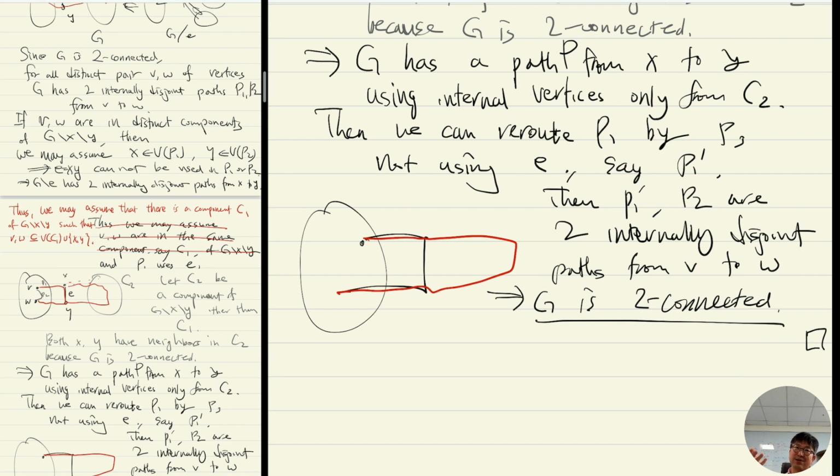So you start with the statement and then you contract or delete an edge. One of them is 2-connected, and then you apply the induction hypothesis and you get something. And now all you have to do is prove that the statement is true for your original graph by using the induction hypothesis. Okay, so that's it.